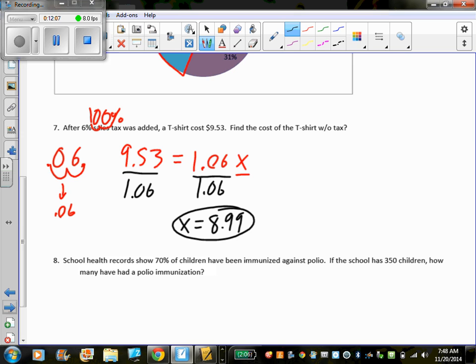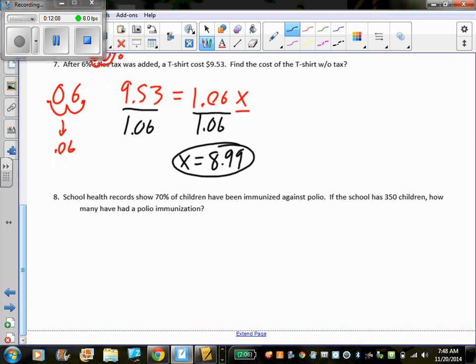There that is. And lastly, last example. School health records show that 70% of children have been immunized against polio. If the school has 350 children, how many have a polio immunization? So 350 students total. And we know that 70% of them, remember, of means multiplication, have the immunization.